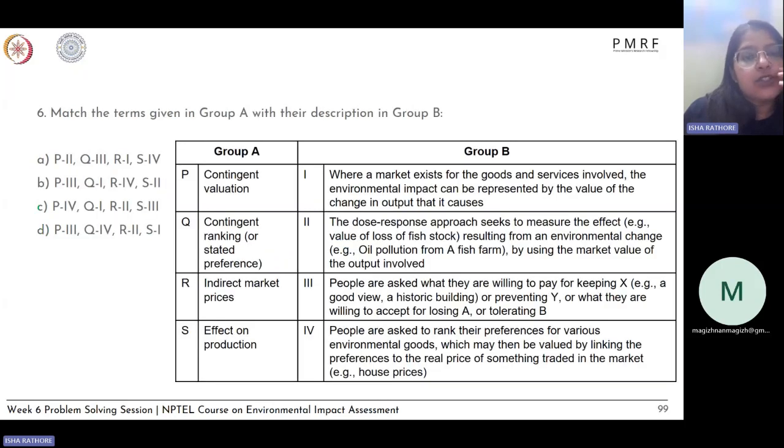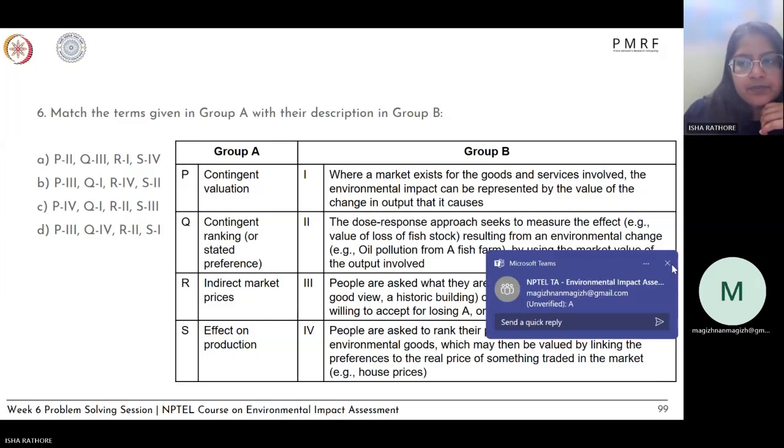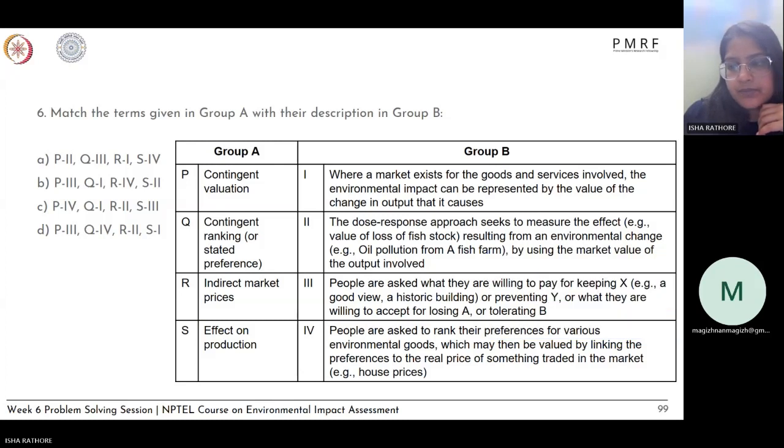So match the terms given in group A with their descriptions in group B. Okay.